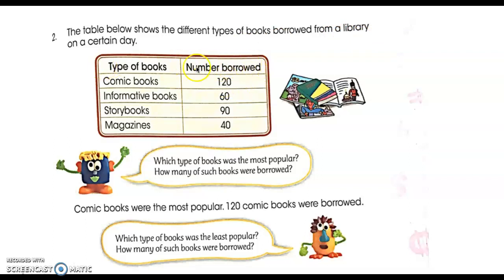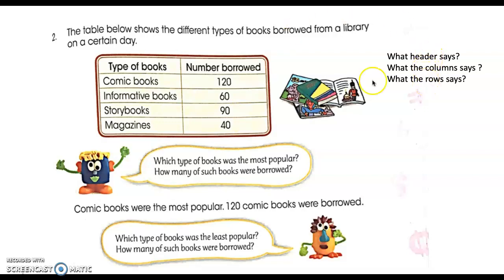So let's see what the header says. The types of books and number borrowed. And what the column says, the types of books are comic books, informative books, storybooks, magazines. And then 120, 60, 90, 40. Sorry.